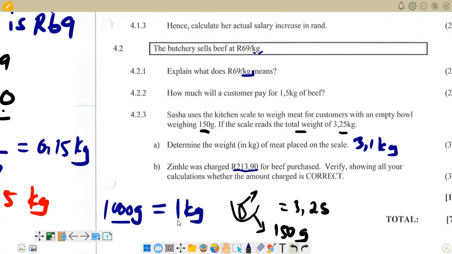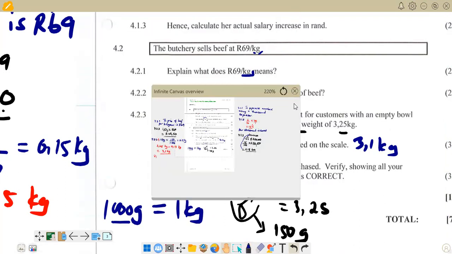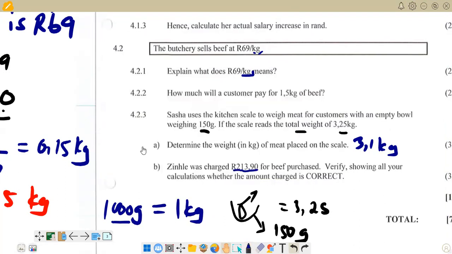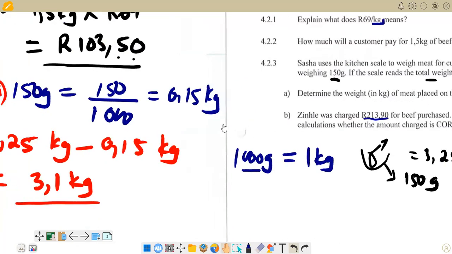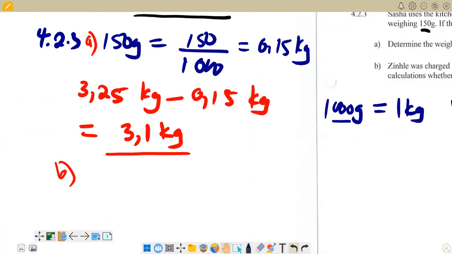So this is the second part, let's try to verify. It's now B. So on B now we are simply saying 3.1 kgs.